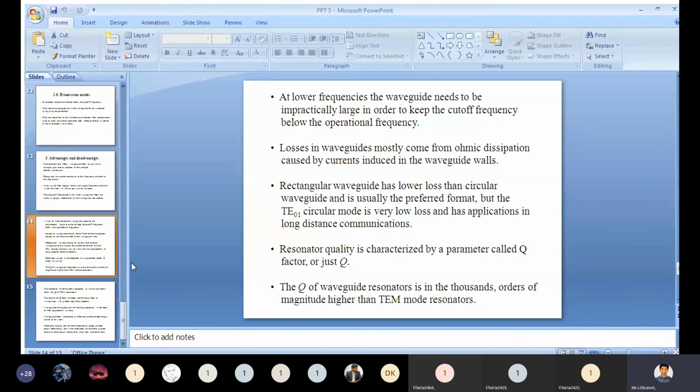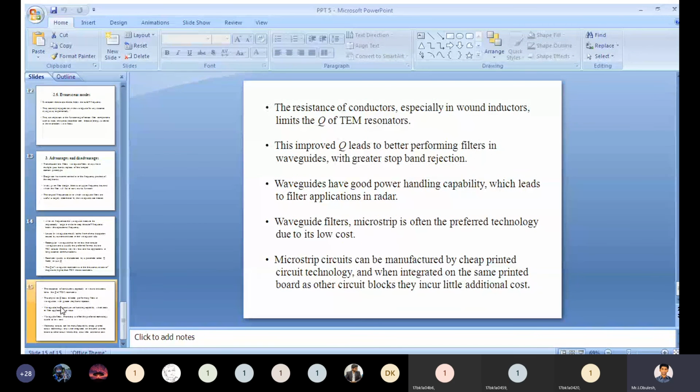The resistance of a conductor, especially in an inductor, limits the Q of a TEM resonator. This improved quality factor Q leads to better performing filters in waveguides with greater stop band rejection.